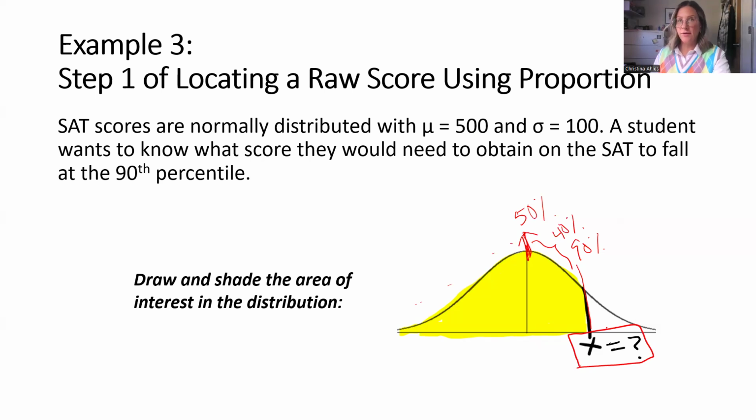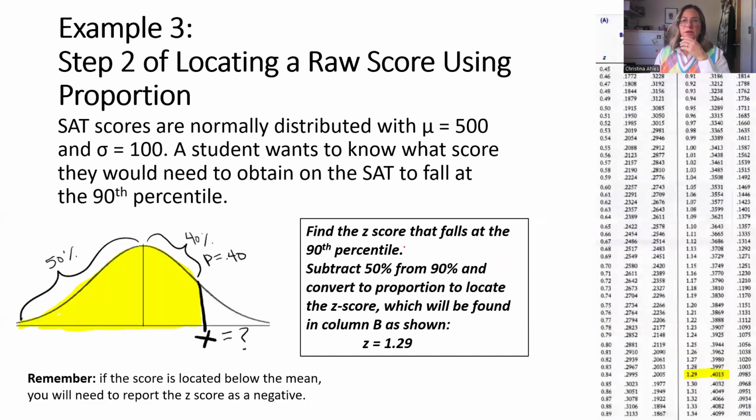So we've got it drawn, which is the very first thing we should do. Now what we need to do is start using the information we have to work backwards. We don't have a z-score because we have to find that z-score first. As you can see, we have 50% here, we have 40% here.